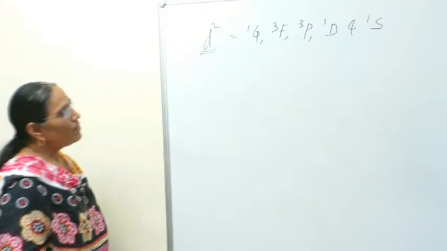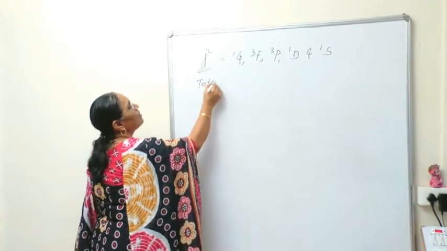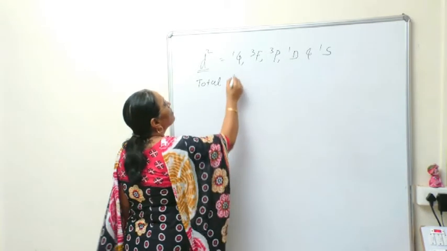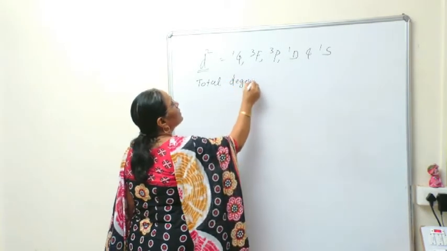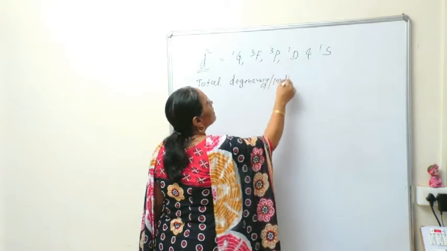Now we have to determine the total degeneracy or total multiplicity of these RS terms.